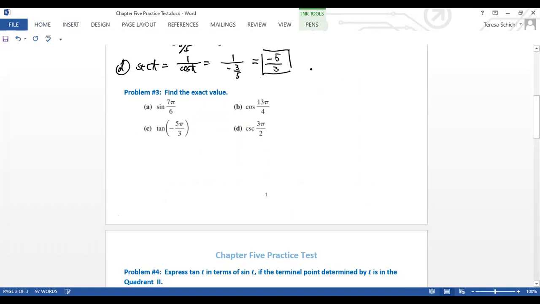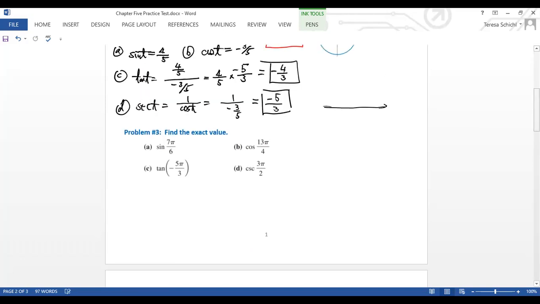Okay, so we know the unit circle. The only thing we need to remember for the unit circle is just the first quadrant. So this one here is what?